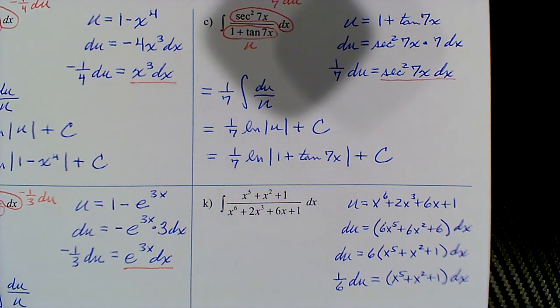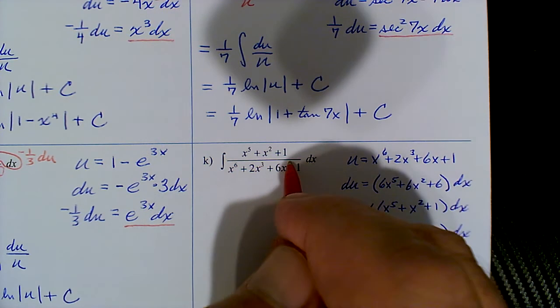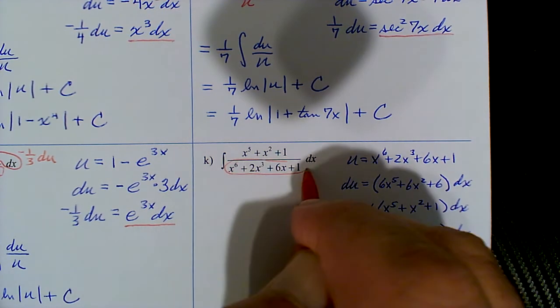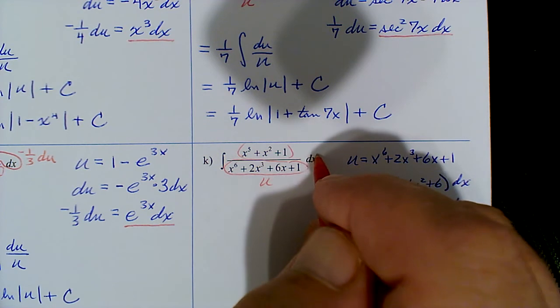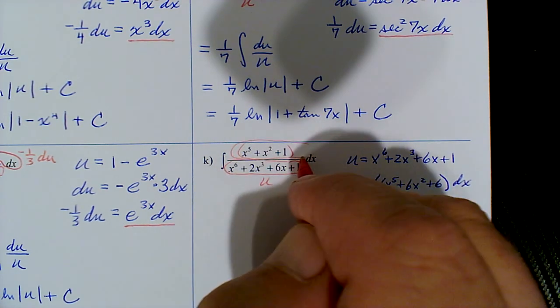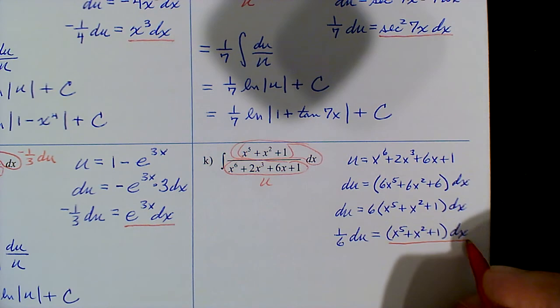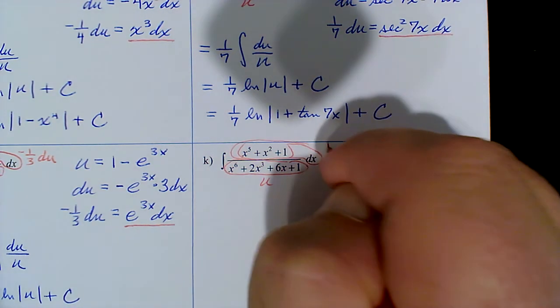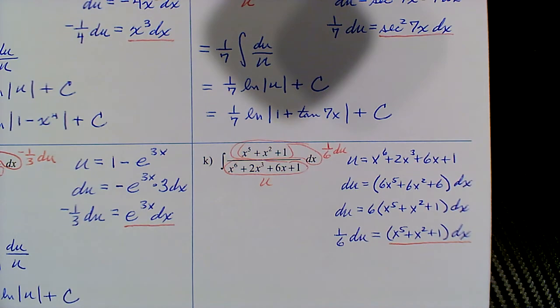Okay, so now looking back at the integral, we see the denominator was chosen to be our u, and if you look at the terms in the numerator combined with the differential dx, they do identically match our du, just modified by the 1/6. So we could replace those by 1/6 du.